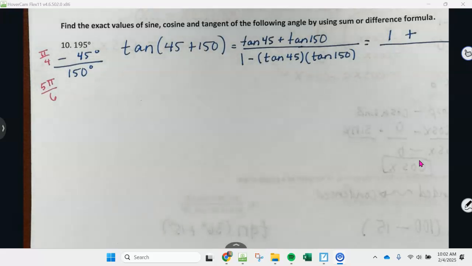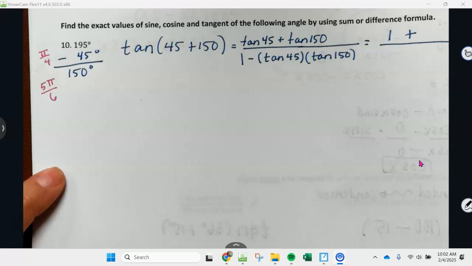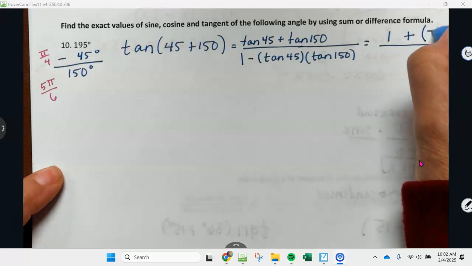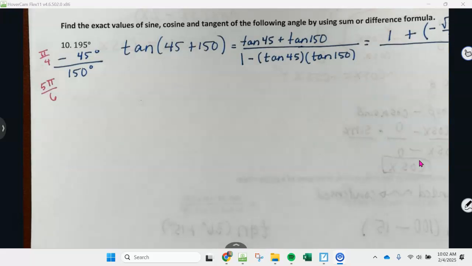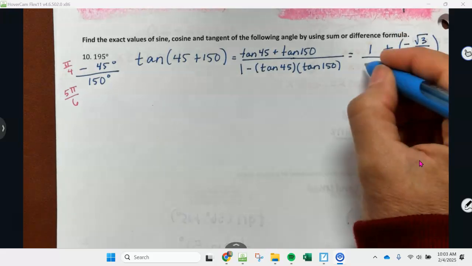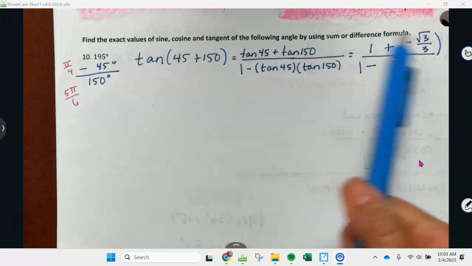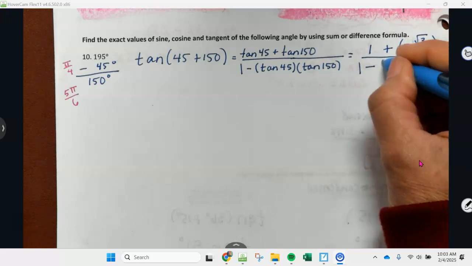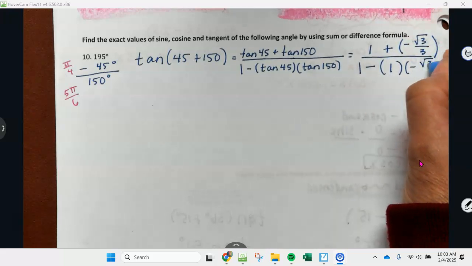Root 3 over 3. Yes, it is. But remember, it's in quadrant 2. So it is root 3 over 3, but it's going to be negative. So I'll just put it in parentheses because it is negative. And I'm just going to let that hang out for a little bit. Now let's work on the bottom. The bottom is going to be 1 minus, and then those two numbers are going to be multiplied together down here.